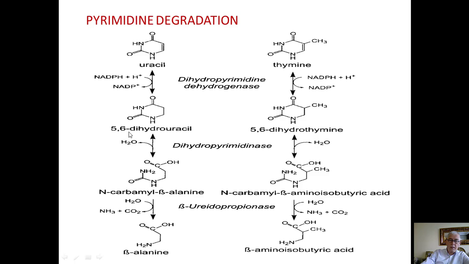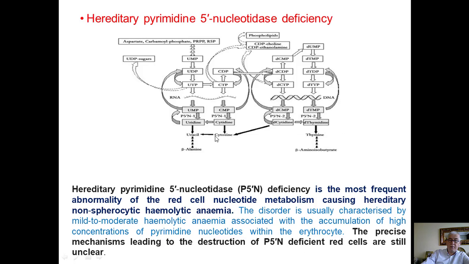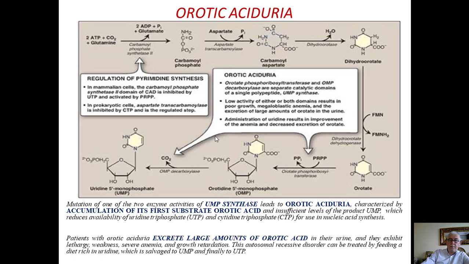Uracil goes to dihydrouracil, and we can open this ring system, which is so important for us, and produce N-carbamoyl beta-alanine and then beta-alanine. On the other side, thymine goes to dihydrothymine and turns to carbamoyl beta-aminoisobutyric acid. It is possible to open the ring system, and this molecule can turn to beta-aminoisobutyric acid. Both molecules are soluble compared with uric acid. For this reason, we don't have serious problems related to pyrimidine metabolism.